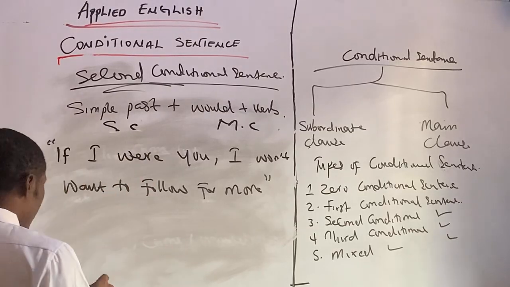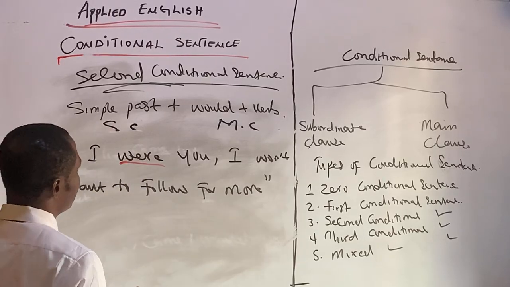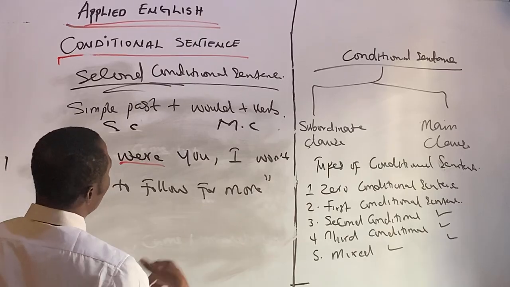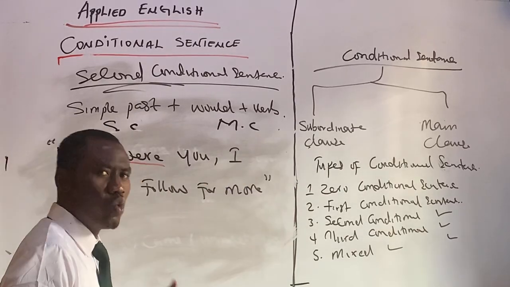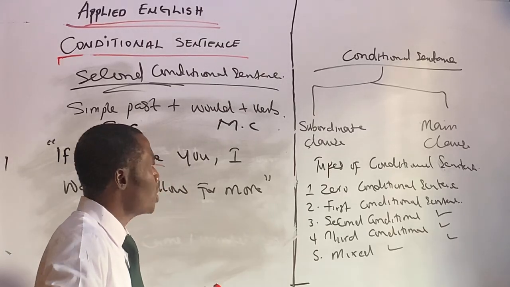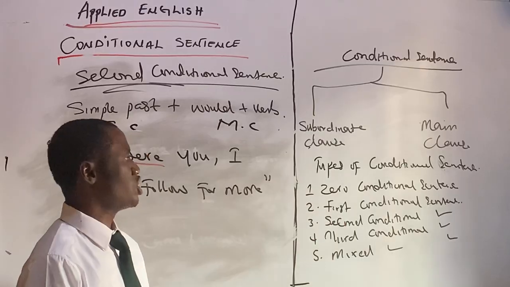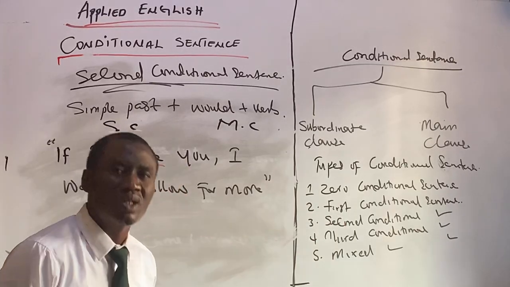All right. Now, if I were you, where is in its past tense, and then if I were you, I won't. Now look at the mistake there. All right, the mistake, it will not be won't, because if it is won't, you are referring us back to the first conditional clause. So we're not talking about won't. What will be there? Would not.